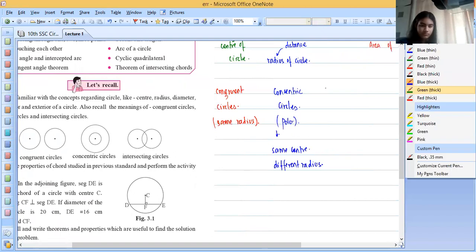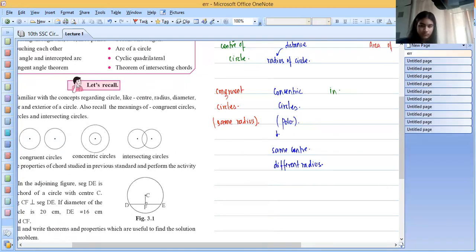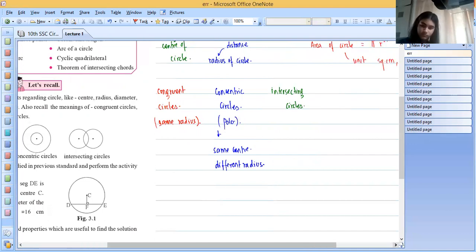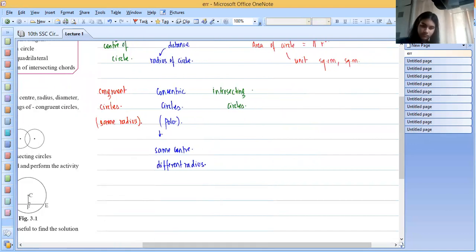If I talk about intersecting circles, then these are the possibilities.